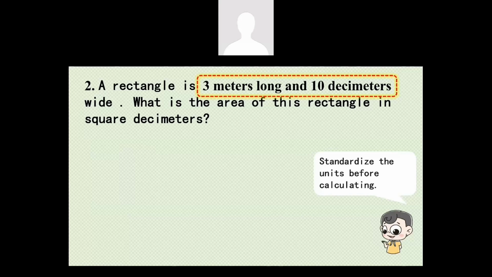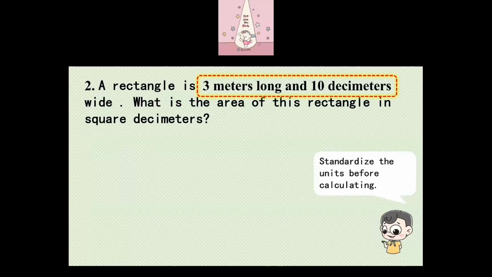Convert units to the same unit. Yes, that's right. 3 meters equals how many decimeters?